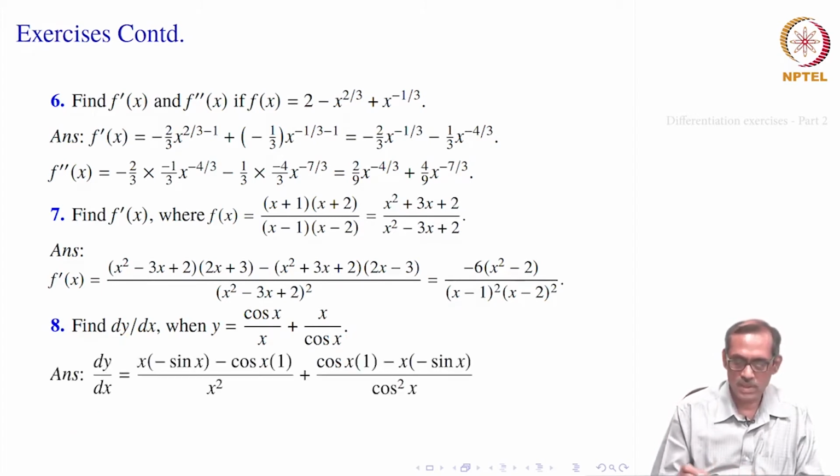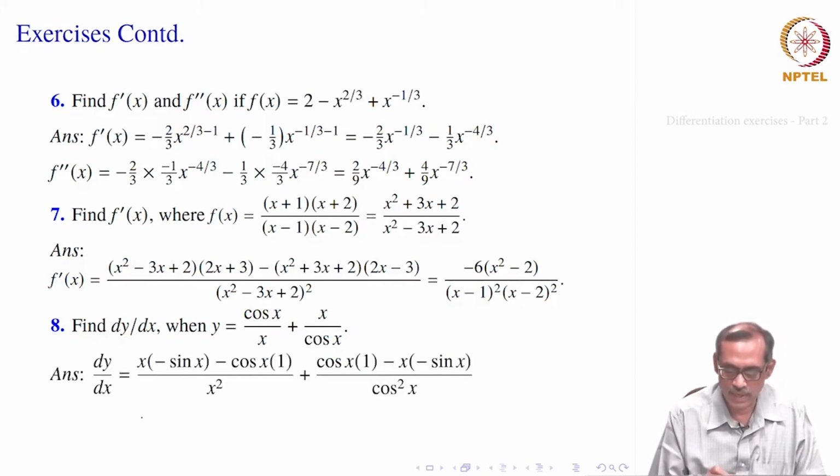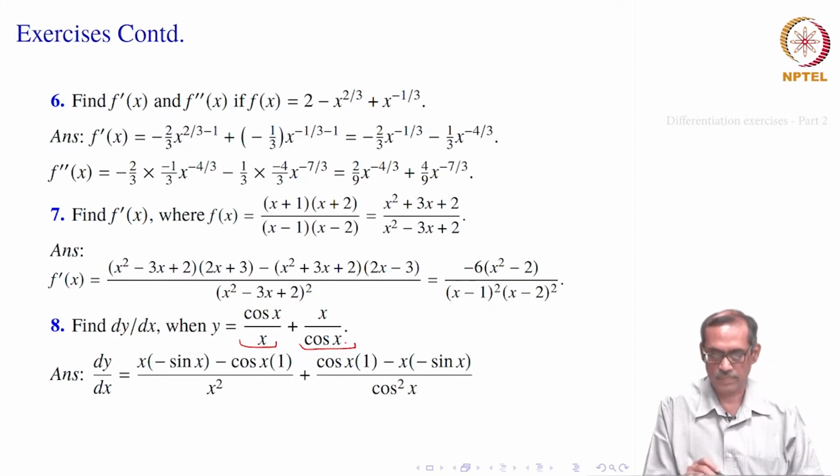Okay, we just use our rules. So, dy/dx first is derivative of the first term plus derivative of the second term, and for the first term its denominator is x.